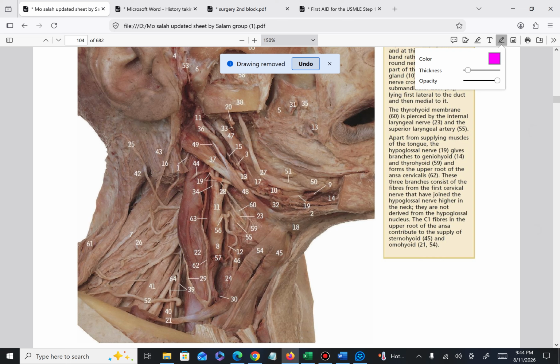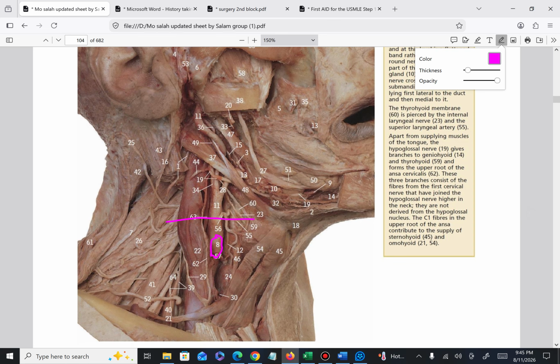In the lower part of the carotid triangle, this is the lower part and that is the upper part of the carotid triangle, there is the carotid sheath which contains the common carotid artery shown on the 8th number. This is the common carotid artery.